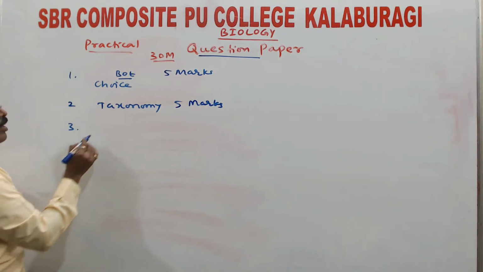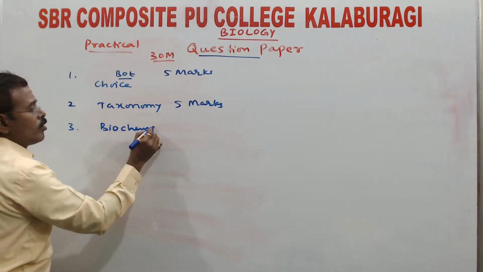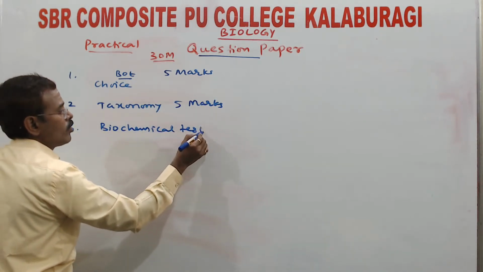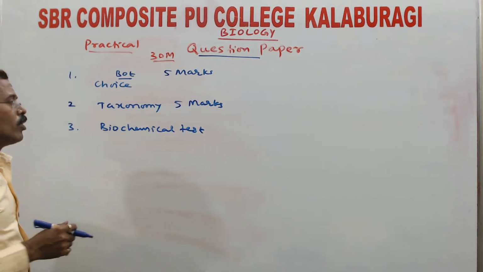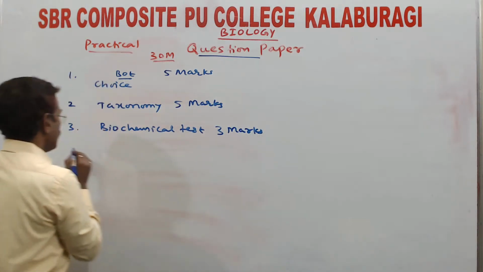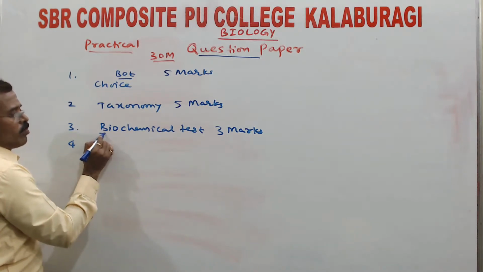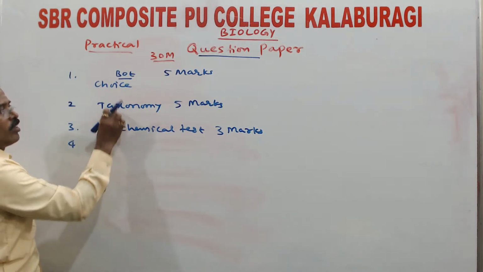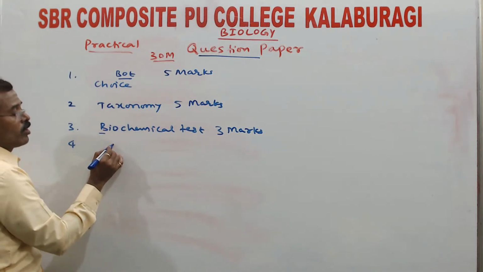Then the third one, a biochemical test will be there. Usually the sugar test, protein test we will do. It is for 3 marks. Fourth, this is a botany question.